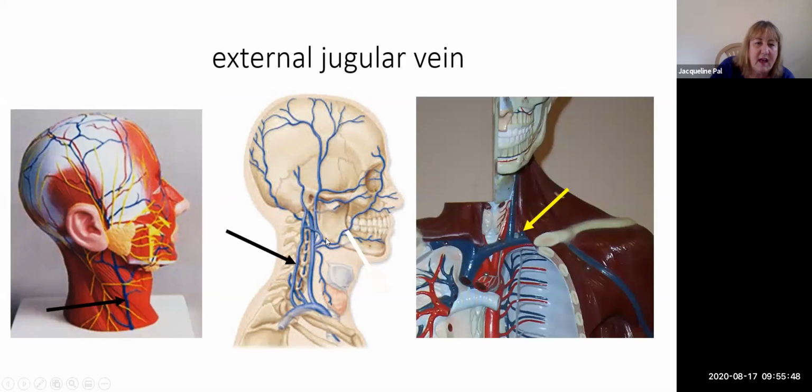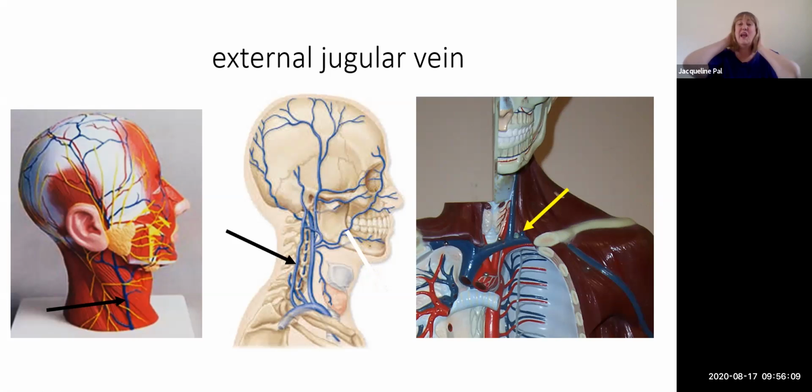Now, what's very interesting is the blood from those two blood vessels actually drains into the internal jugular vein. Mind blown. I think you clearly can see those draining into this structure, which is the internal jugular vein.